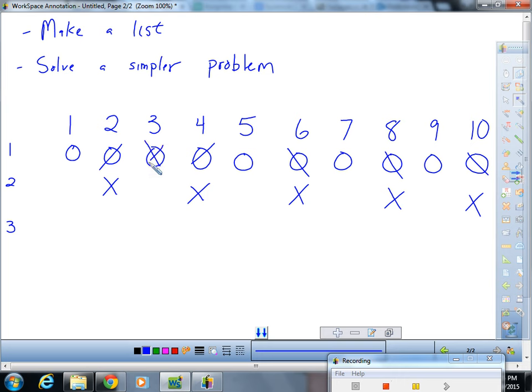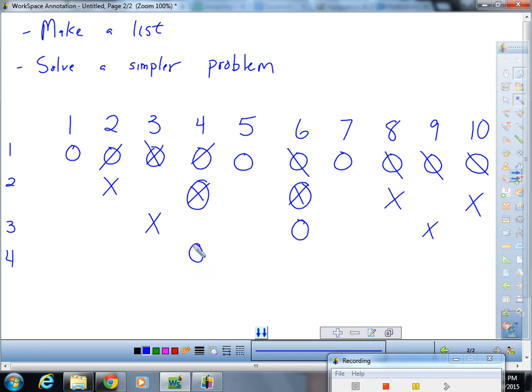So 3 was opened, and now it's closed. 6 was closed, so now it's open. 9 was opened, so now it's closed. Maybe you can now understand my notation a little better, so we're going to go a little faster. 4 was closed, and now it's open.